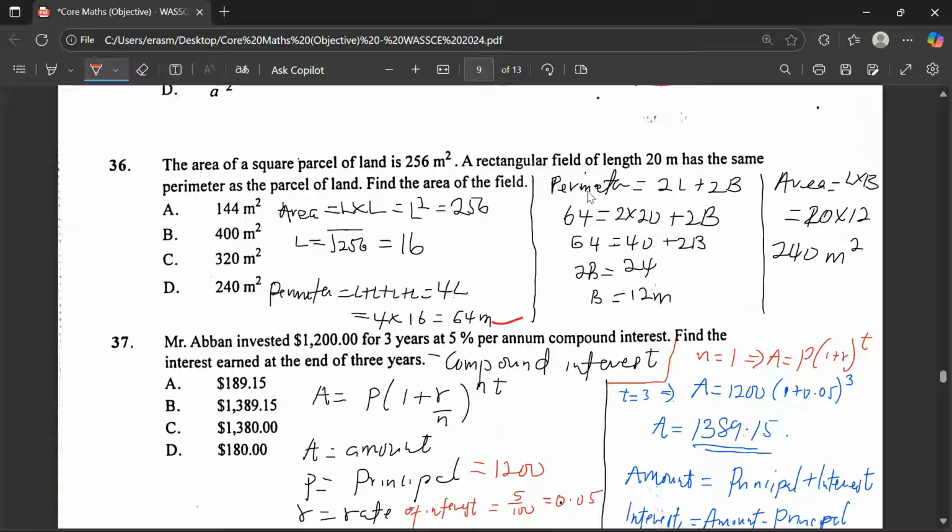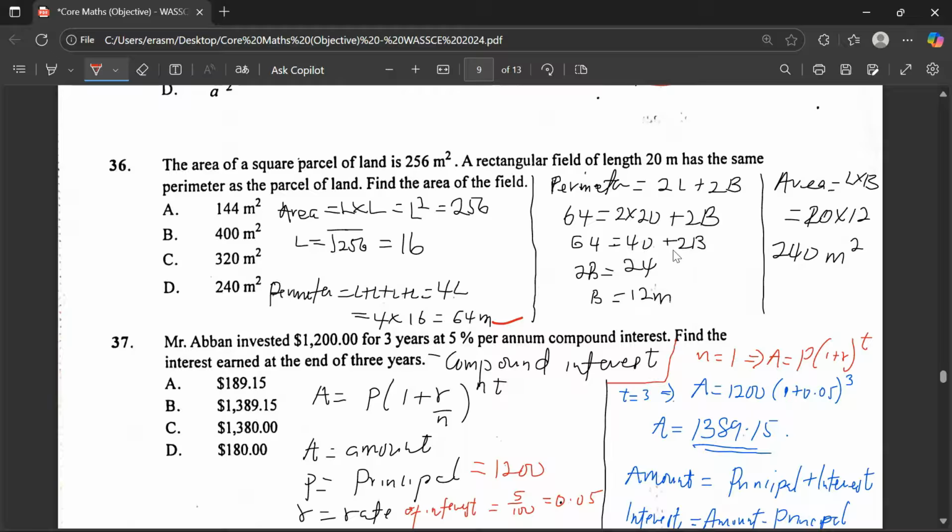Now, perimeter of a rectangular field equals 2L plus 2B, where L is the length and B is the breadth.